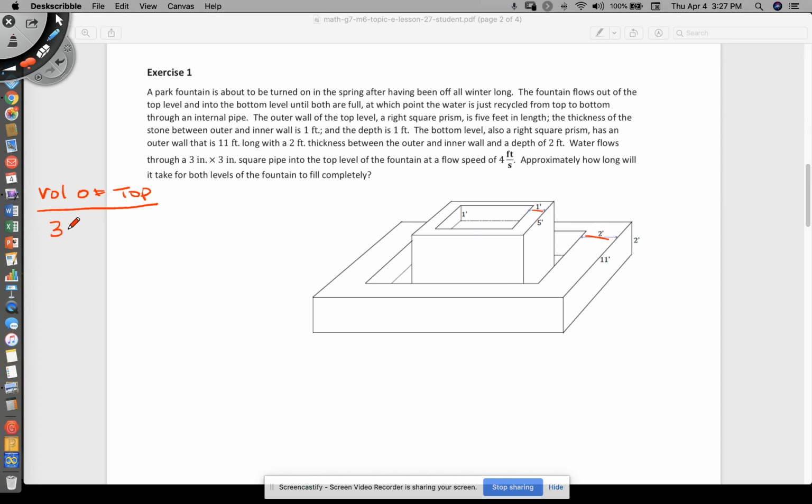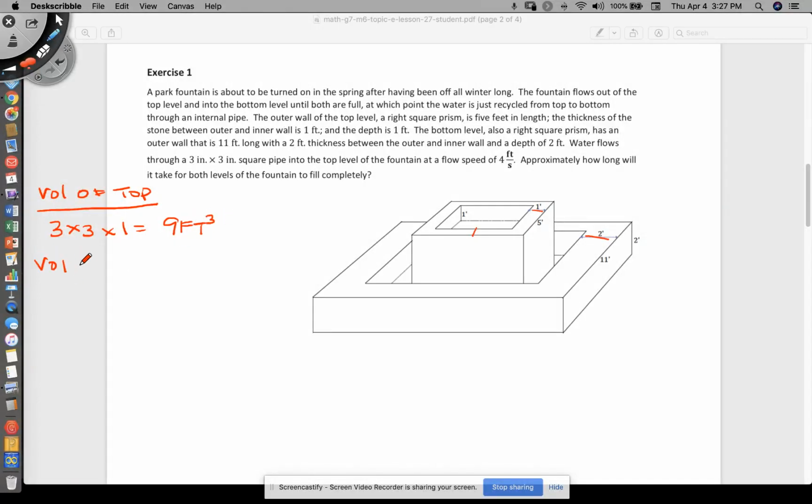So we're going to say 3 by 3 by 1. And that's including all the stuff on the top. So the 1 by 2, the 1 by 2 again, and then the 1 in height. So this is going to give me 9 feet cubed.